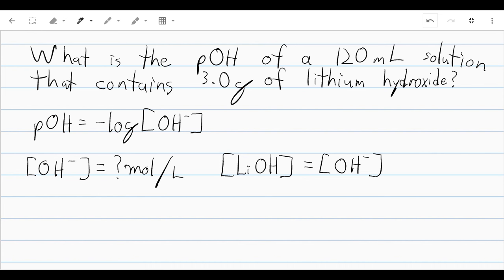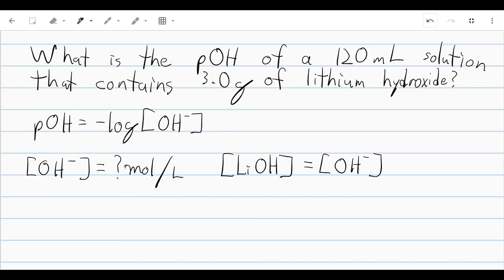If there is more than one hydroxide ion in the base, the concentration will increase proportionally. So if you have a base that has 2 hydroxide ions in it, the concentration of the hydroxide ions will be double the concentration of the base. But in this case, it's a 1-to-1 ratio, so they are going to be equal to each other.